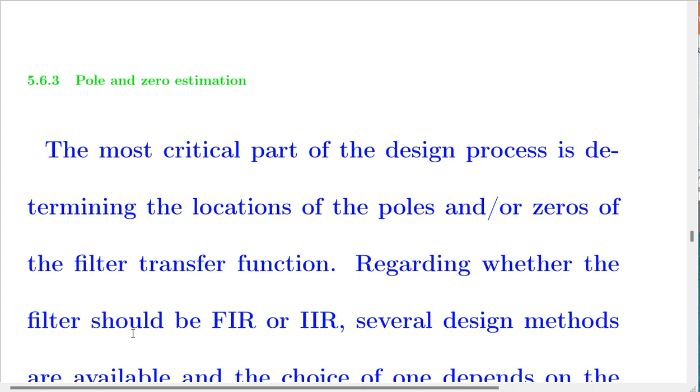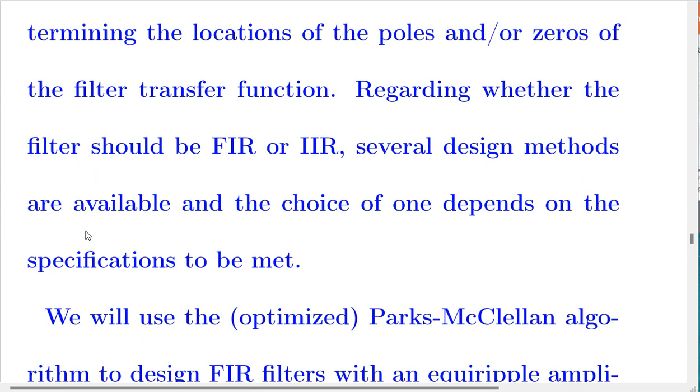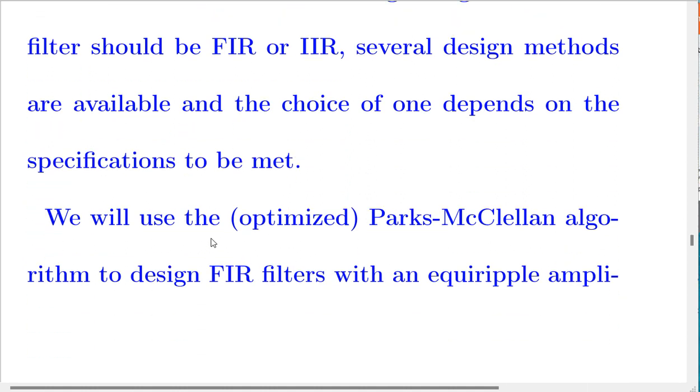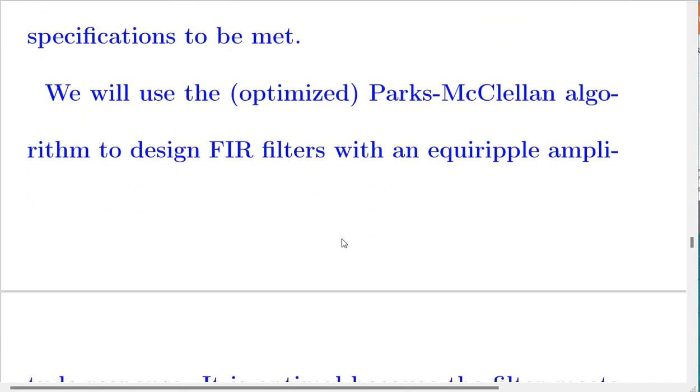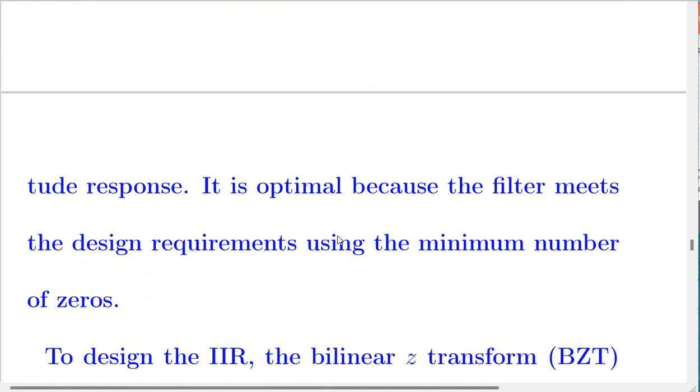Regarding whether the filter should be FIR or IIR, several design methods are available and the choice of one depends on the specifications to be met. We will use the optimized Parks-McClellan algorithm to design FIR filters with an equi-ripple amplitude response.